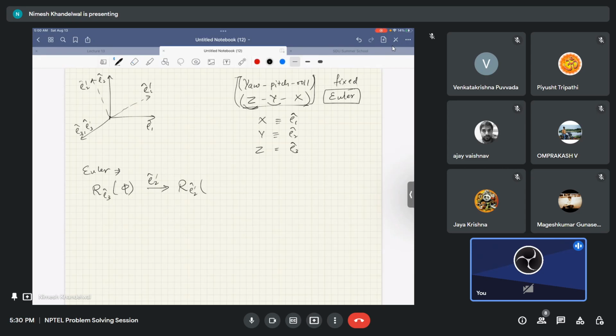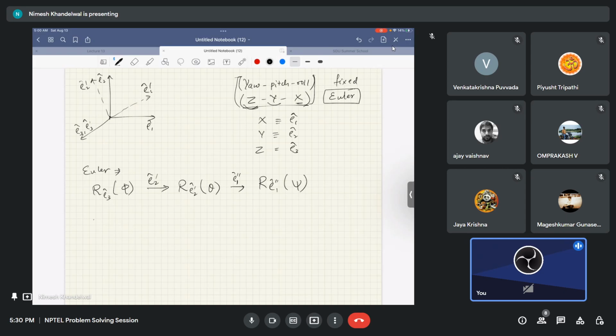About this primed axis, I rotate by theta, and then about the further new axis, the latest x-axis, I rotate by the final angle, let us say psi.